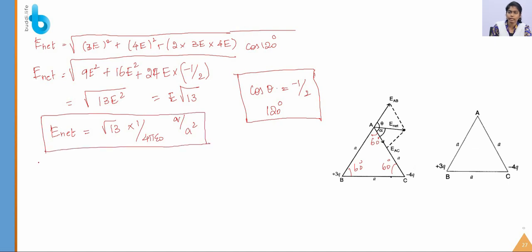Then we are going to find the alpha. Tan alpha is equal to EAB sin 120 degree divided by EAC plus EAB cos 120 degree. So this is the formula that we are going to use here.